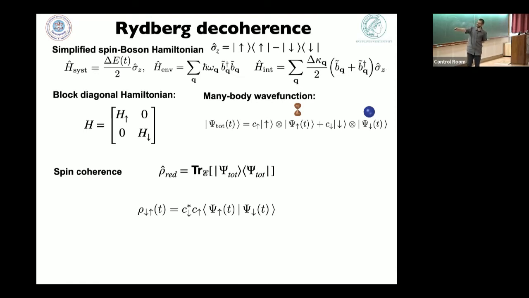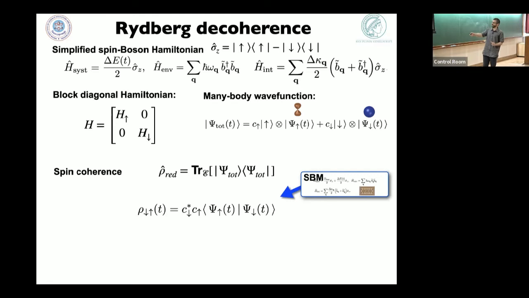You do that, and you find the coherence is given by the overlap of the many-body state in the presence of the up state and the many-body state in the presence of the down state. This is a completely general result: any qubit decoherence will in principle look like this, with the coherence given by the overlap of these environmental states for case A and case B, or case 0 and case 1.